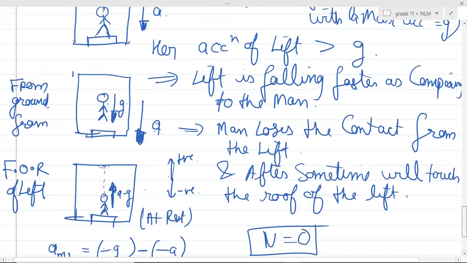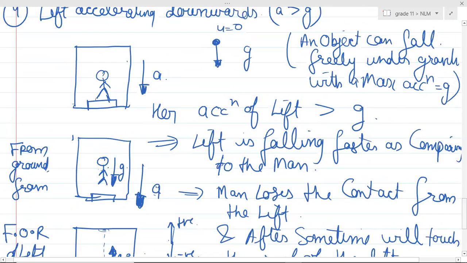Please write it down from here. Man loses contact from the lift and touches the roof.